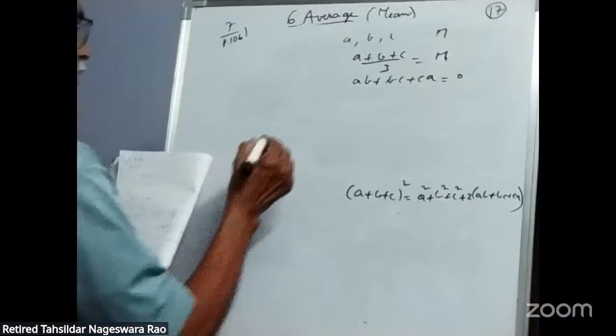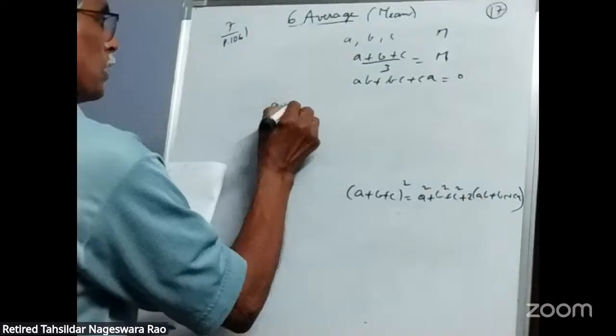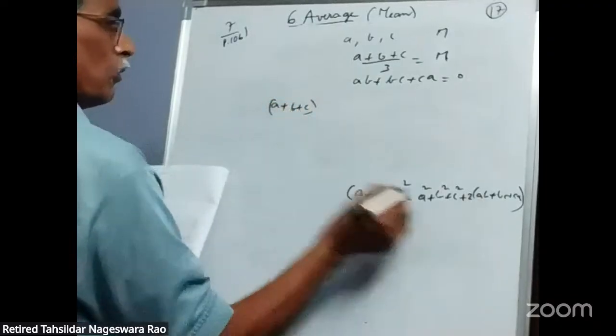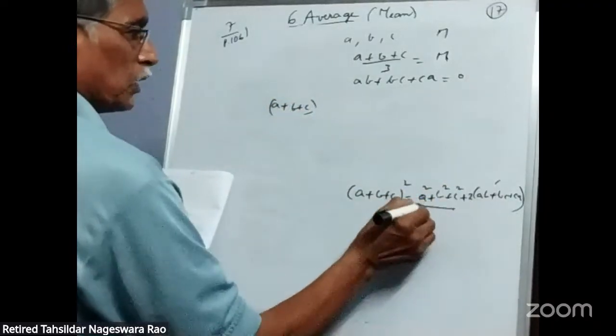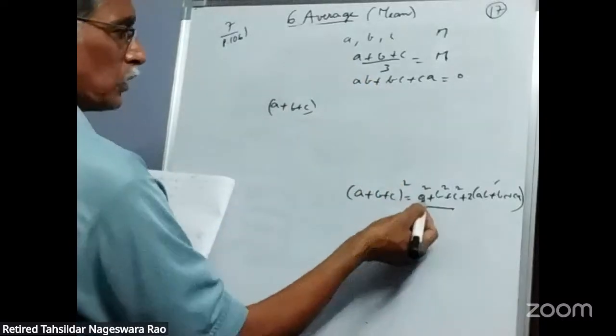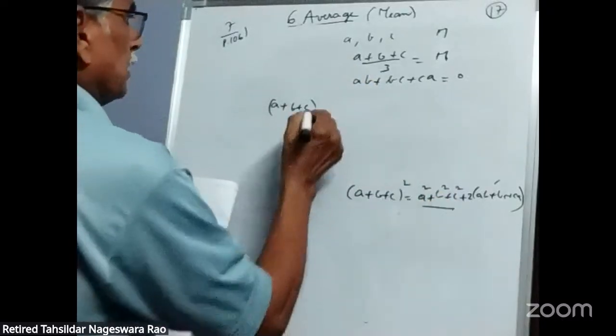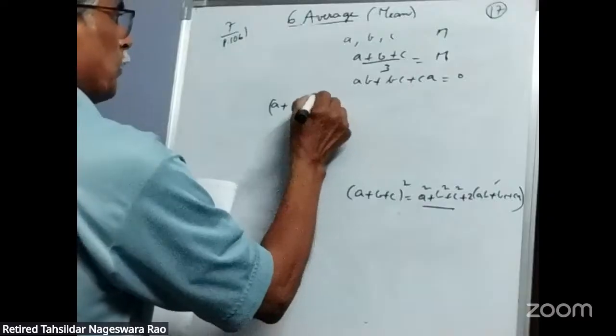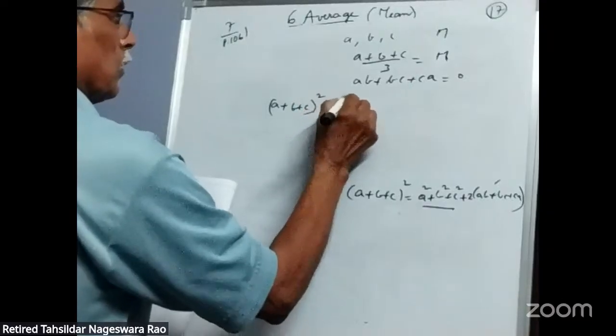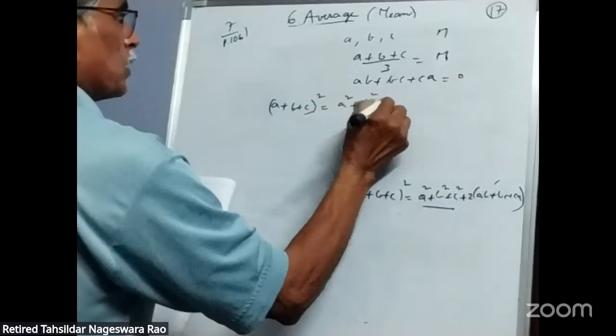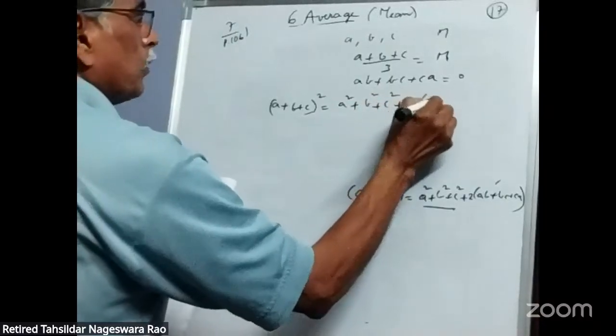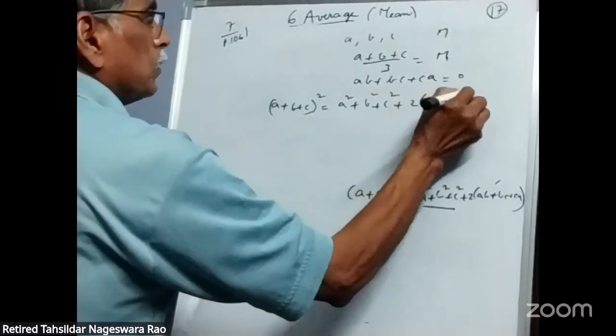Apply that directly. The average will be A square plus B square plus C square by 3, that is the value required.